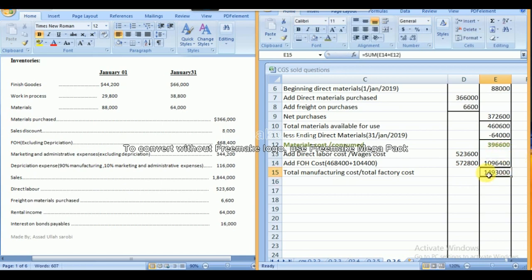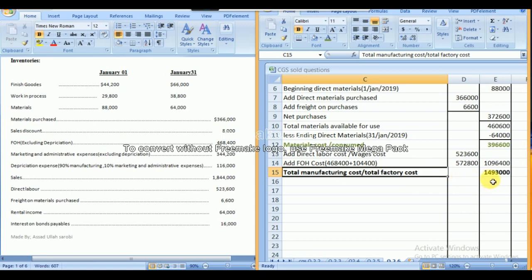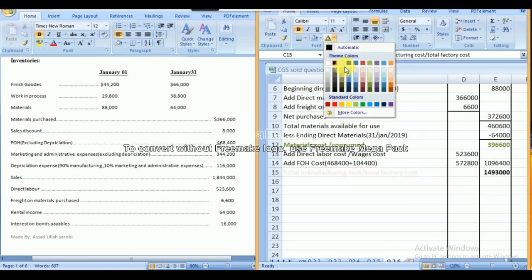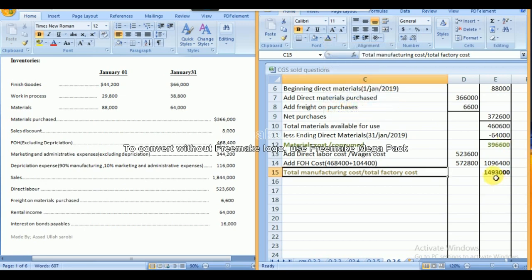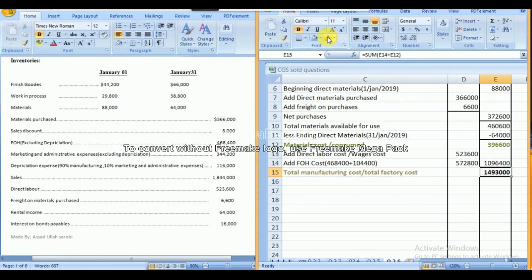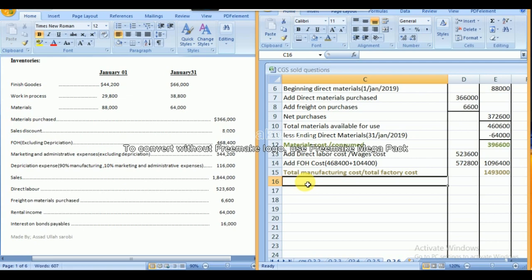Now our total manufacturing cost is 1,14,93,000. This is our total manufacturing cost. Clear? And it shows that we have 14,93,000 cost of work in process now in the month of January.